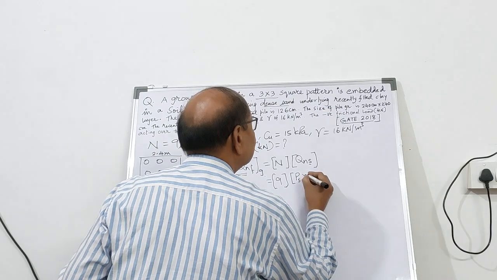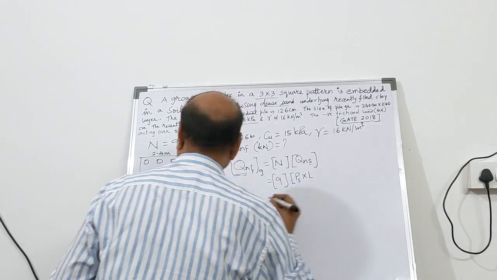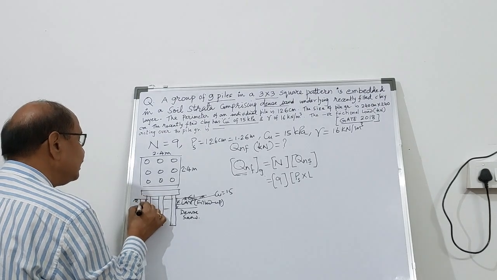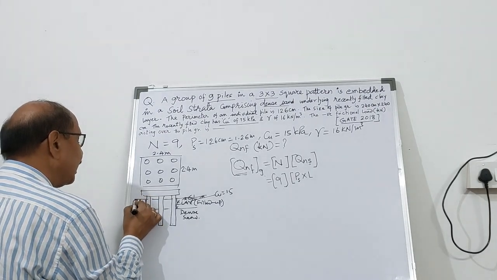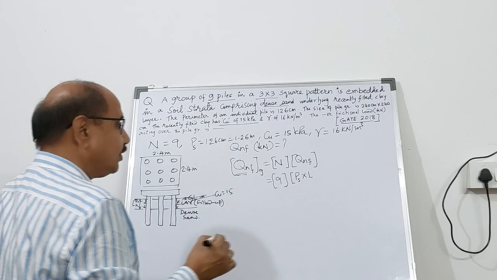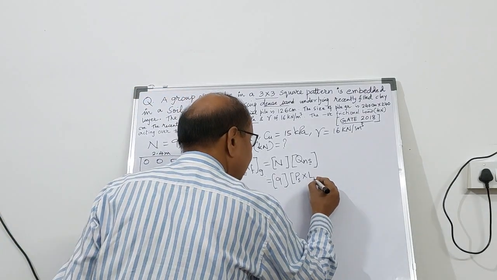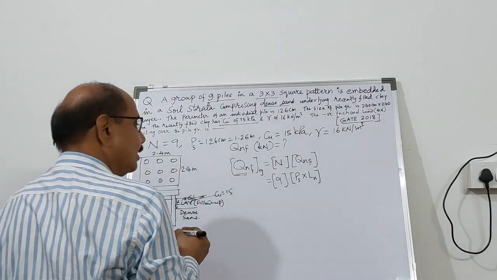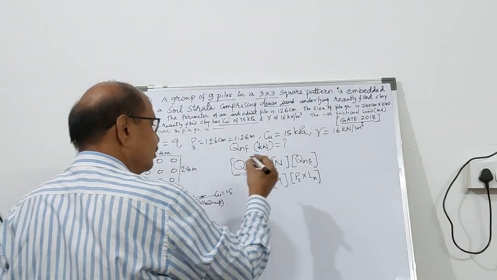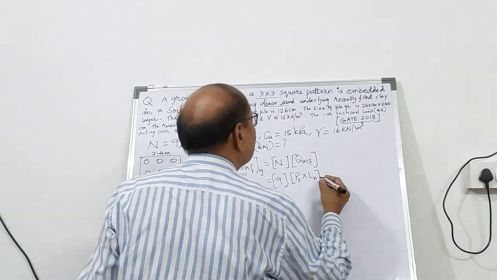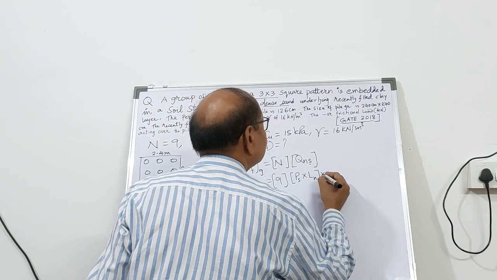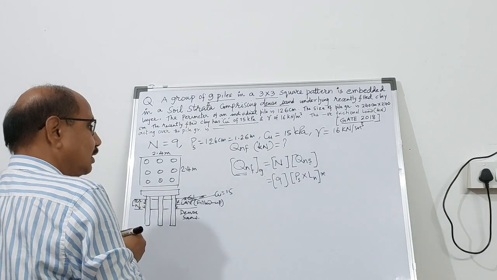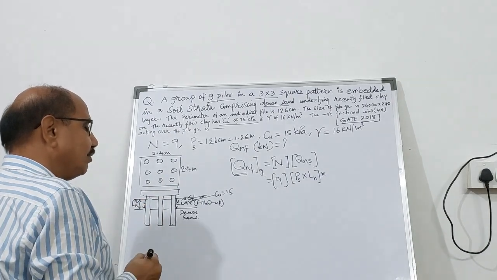So perimeter into, let's say this filled up ground, this length is Ln for negative skin friction. Multiplied by Ln, that becomes the area, multiplied by the skin friction that is going to develop.